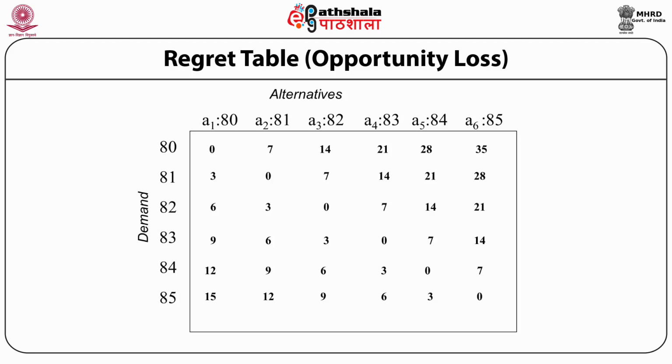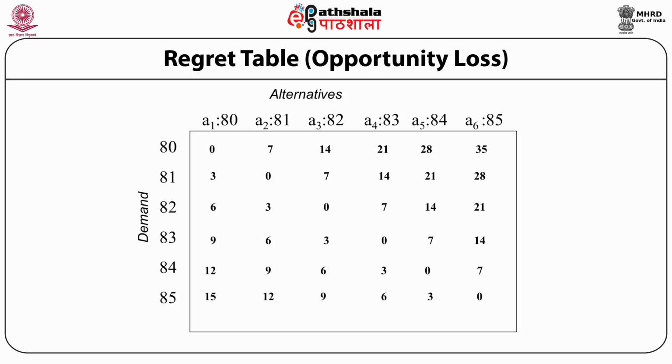So here we can see that in the payoff table for strategy A2, when demand was 82, the corresponding payoff is rupees 243. So 243 is the highest payoff value for alternative A2.